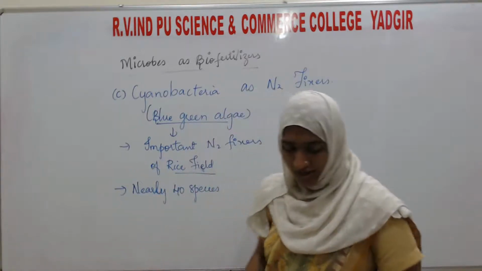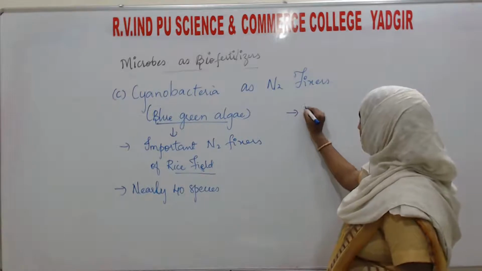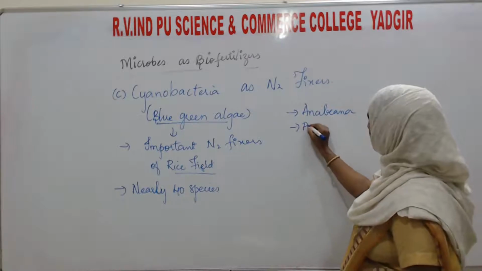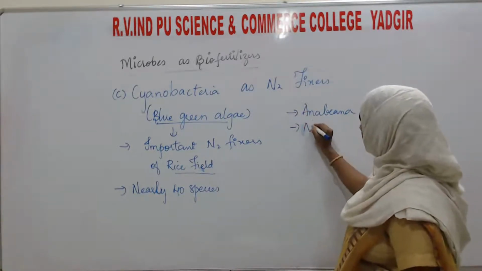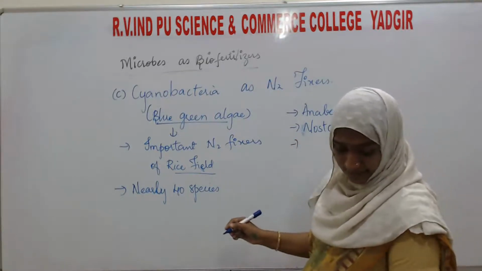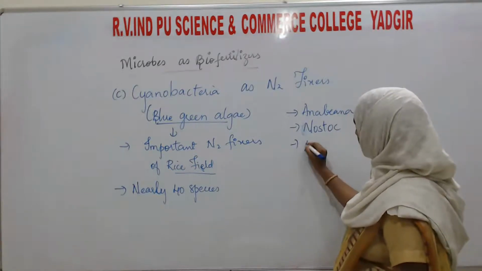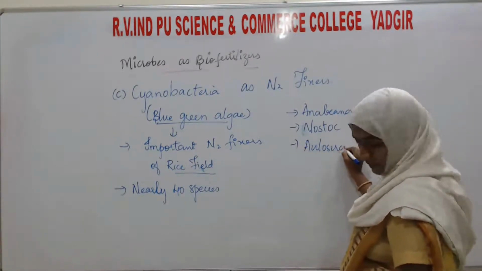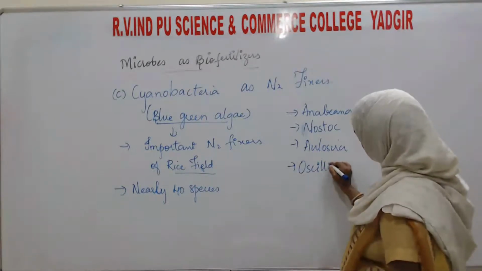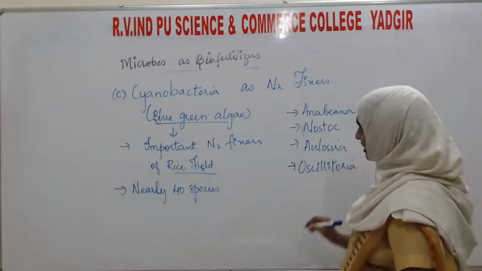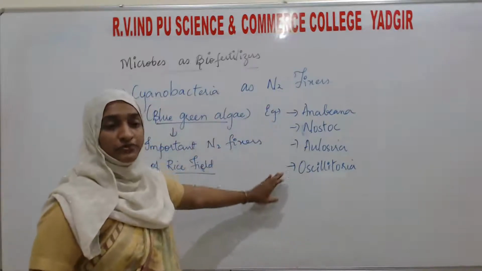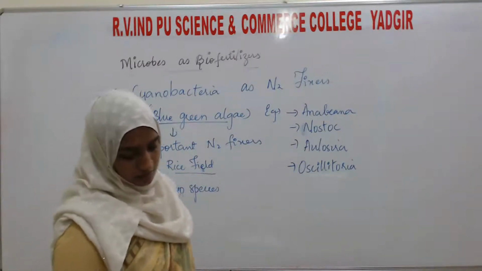Important among them are Anabaena, Nostoc, Aulosira, then Oscillatoria. These are some examples of cyanobacteria which fix nitrogen specifically in the rice field.